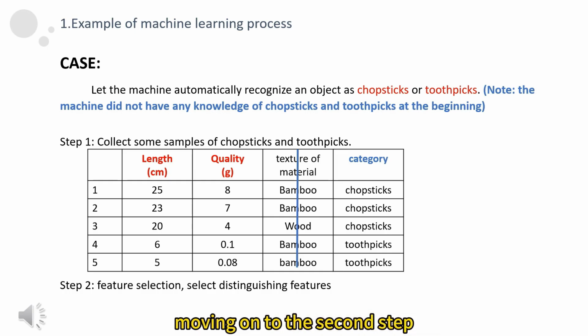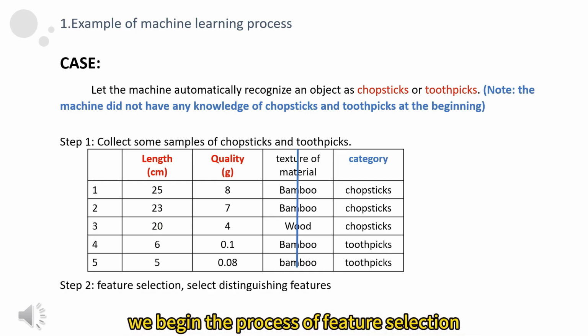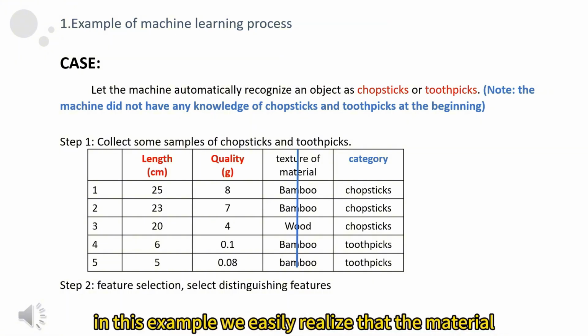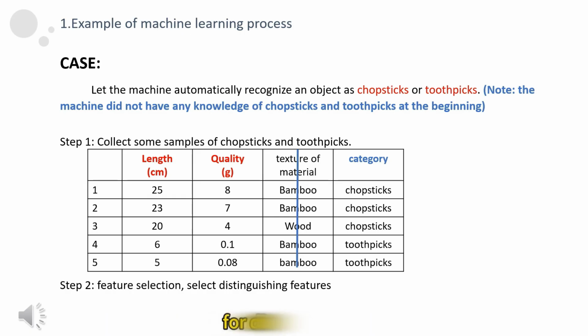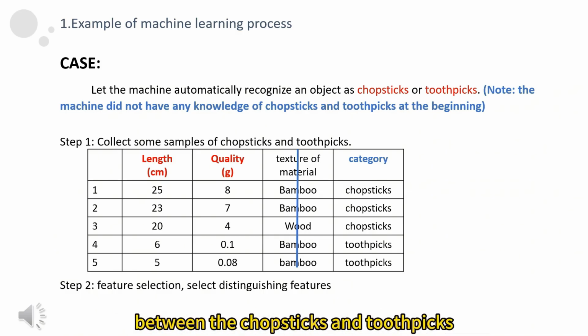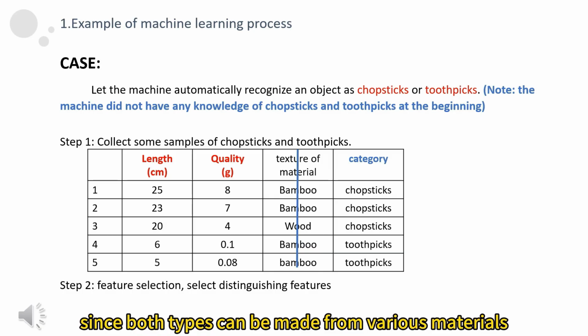Moving on to the second step, we begin the process of feature selection. In this example, we easily realize that the material of the object doesn't provide any useful information for distinguishing between chopsticks and toothpicks, since both types can be made from various materials.